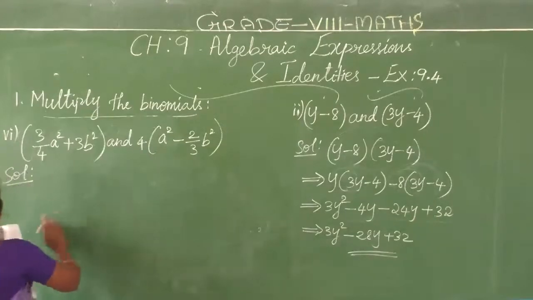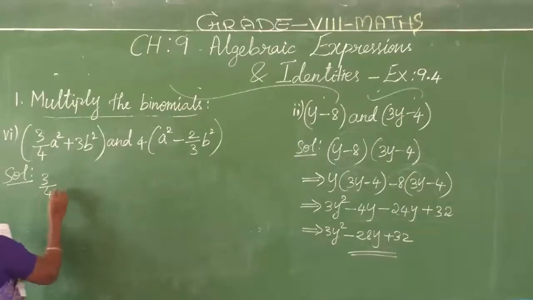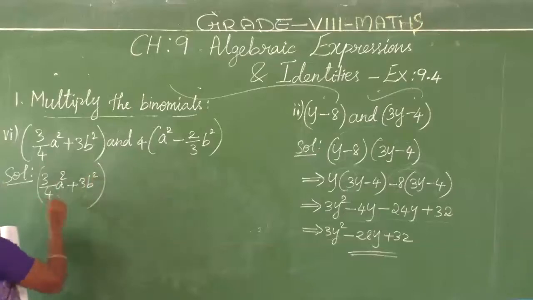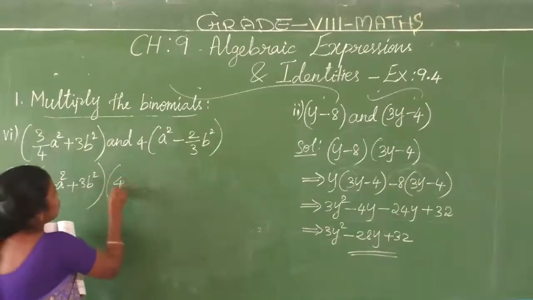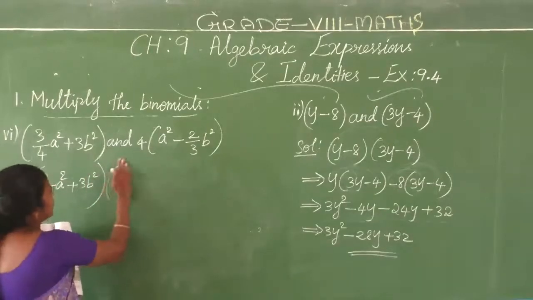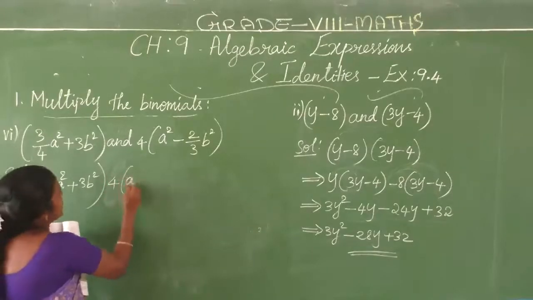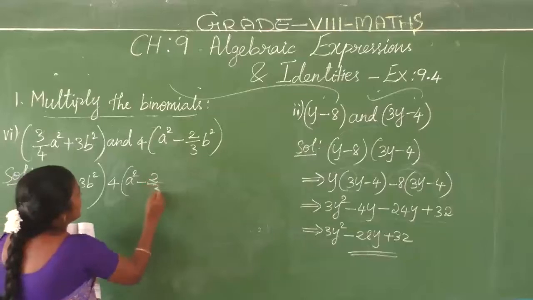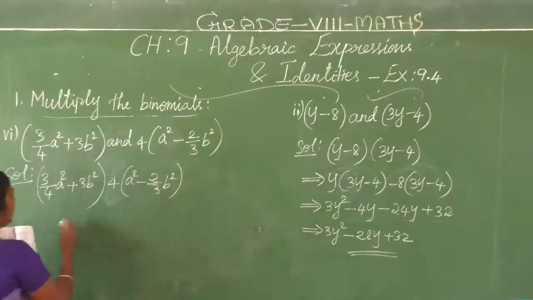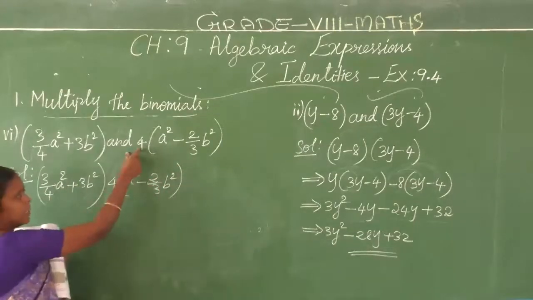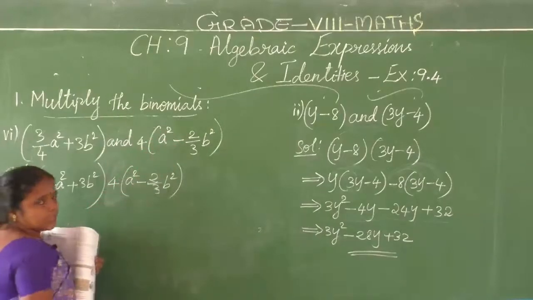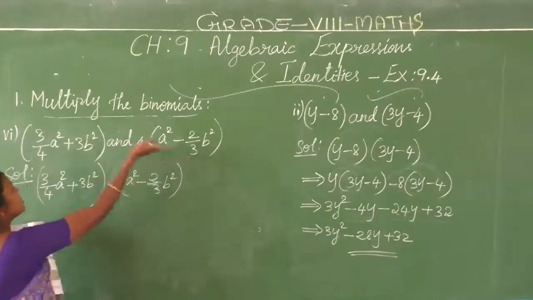Okay? So 3 by 4 a square plus 3b square into 4 into a square minus 2 by 3 b square. Here additionally a 4 is coming outside, that is to be inserted first of all, and then we have to multiply.